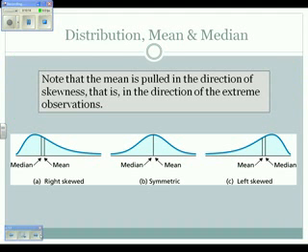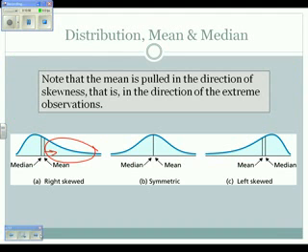Okay, so in the distribution, when we have right-skewed data, which we talked about last time, and left-skewed data, the skewness tends to affect the mean and the median as well. So if we have right-skewed data, then our mean will actually be pulled more to the right.